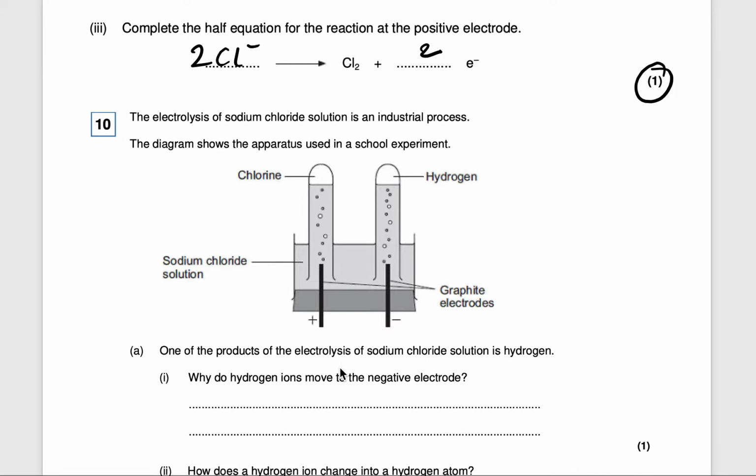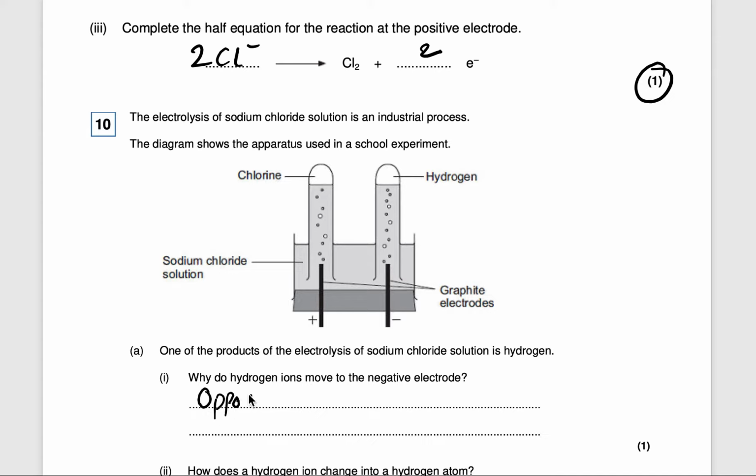Next question. The electrolysis of sodium chloride solution is an industrial process. The diagram shows the apparatus used in a school experiment. One of the products of the electrolysis of sodium chloride solution is hydrogen. Why do hydrogen ions move to the negative electrode? Again, you can see a pattern in the question.